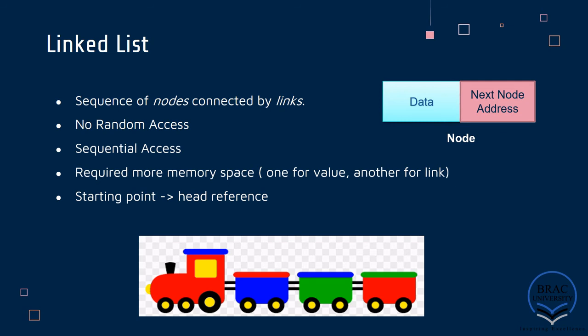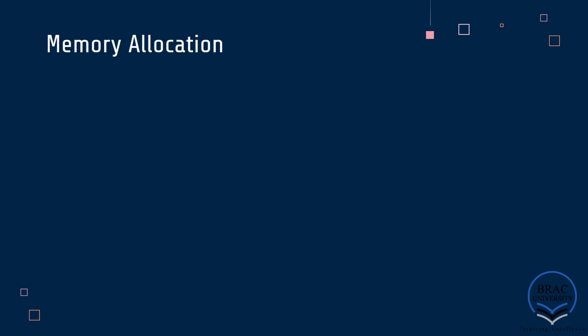And one of the important things is that as it has sequential access, we have to know the reference of the first node. The reference of the first node, or the starting point in the linked list, is known as the head reference. So in this train example, the blue bogie will be our head from where the train starts.